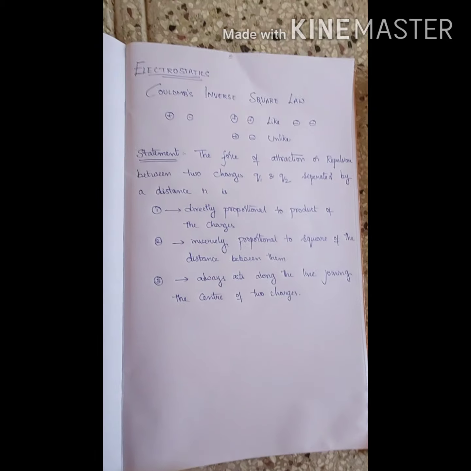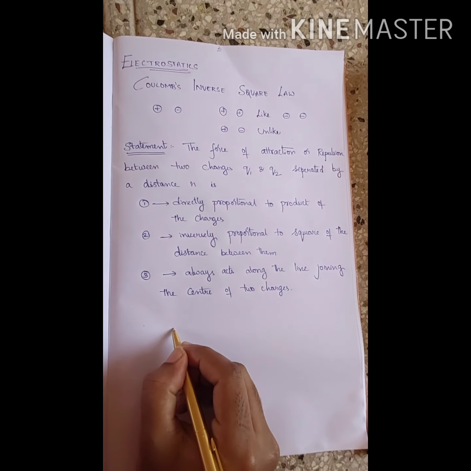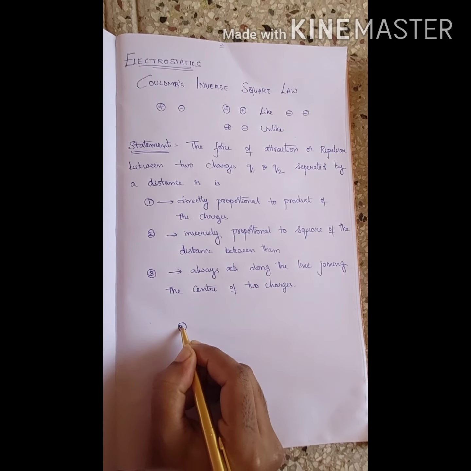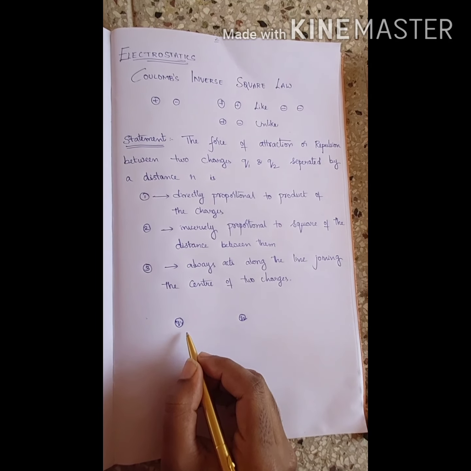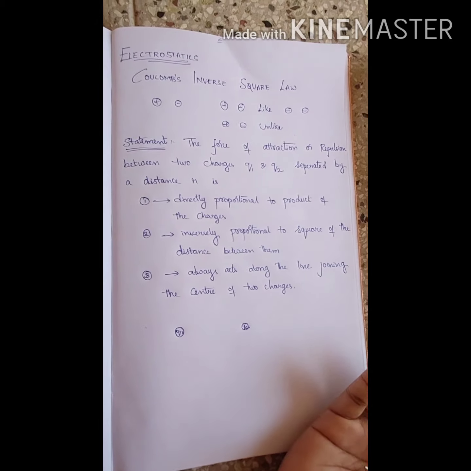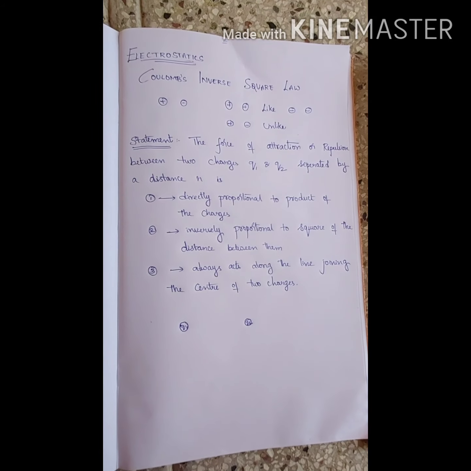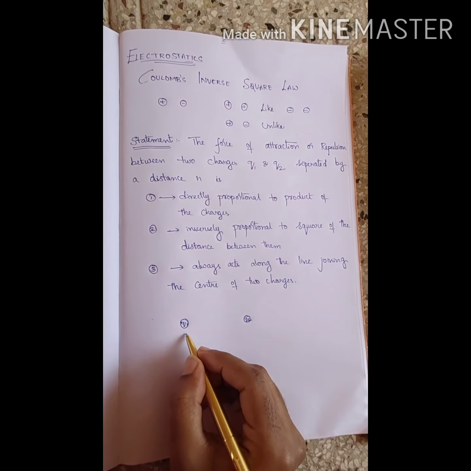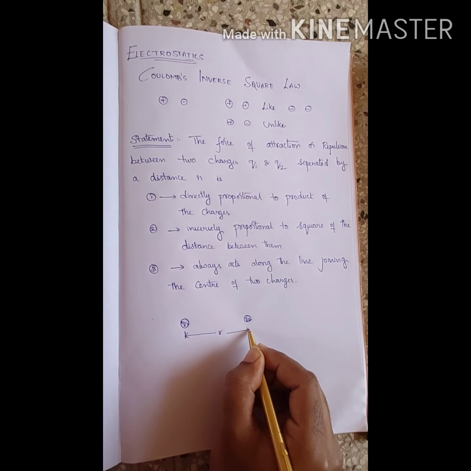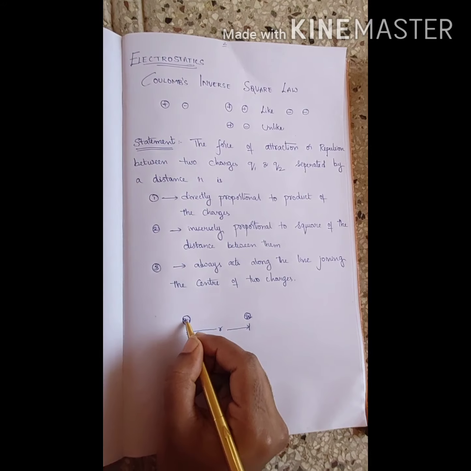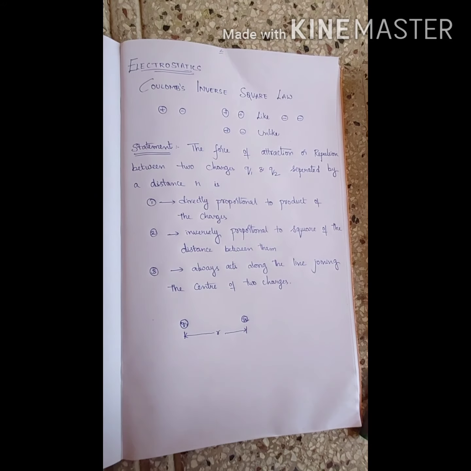So here, whenever two charges, let's take Q1 and Q2, either positive or negative, are separated at a distance r, this distance must be taken from the center of the spheres, not from the diameter or the circumference of the spheres.